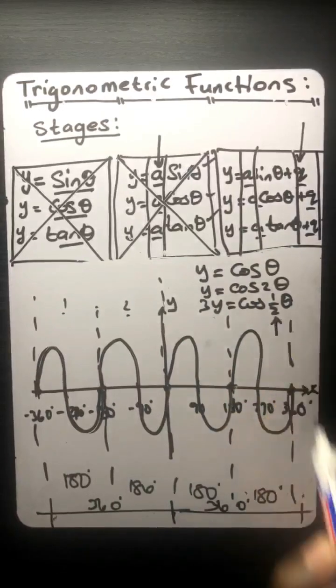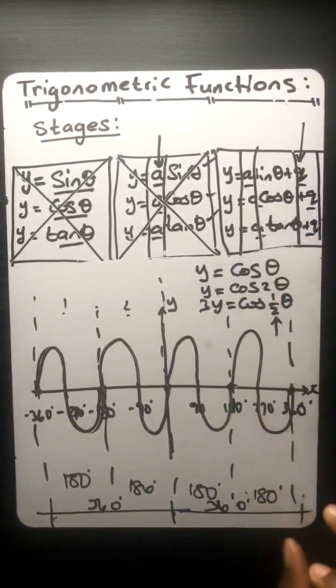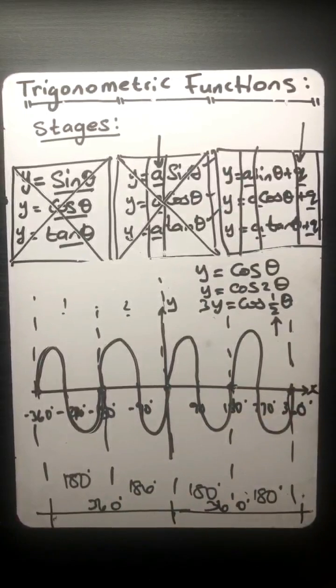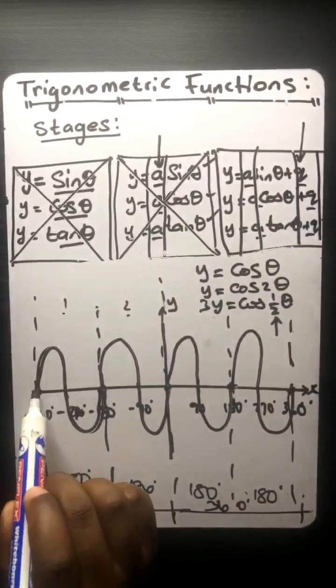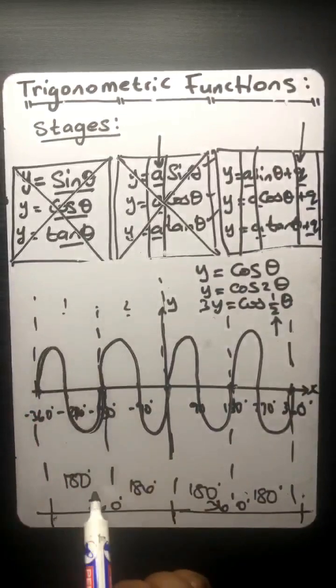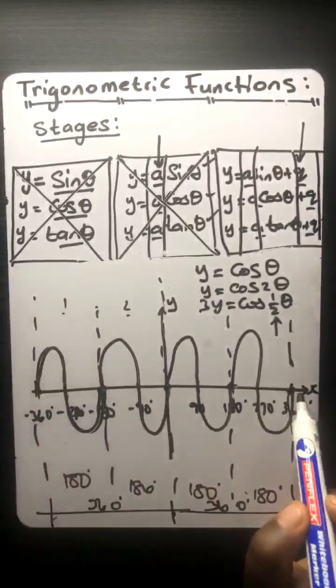This has the potential to influence the period, which I'm going to explain as we continue. But for now, it's not like you are wrong. You can say it repeats itself after every 180, or it repeats itself 4 times.